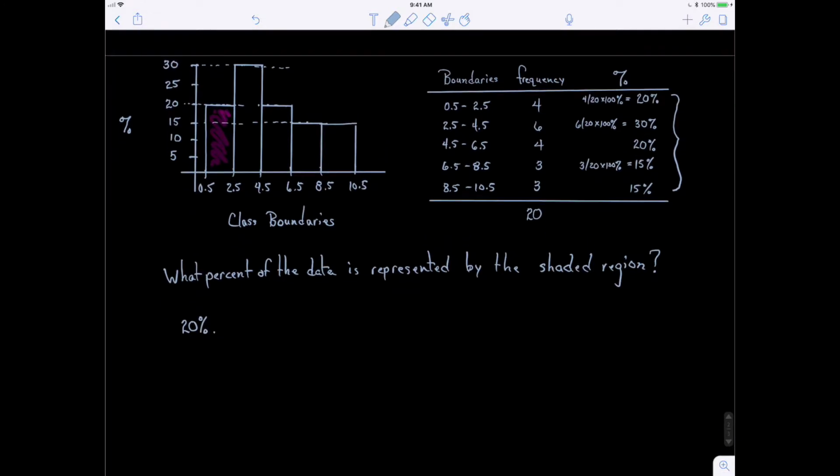Let's try another one where I'm going to shade some more. Let's shade the first bar and the second bar as well. This was just the first bar, but now I've shaded the first two bars, bar 1 and 2.